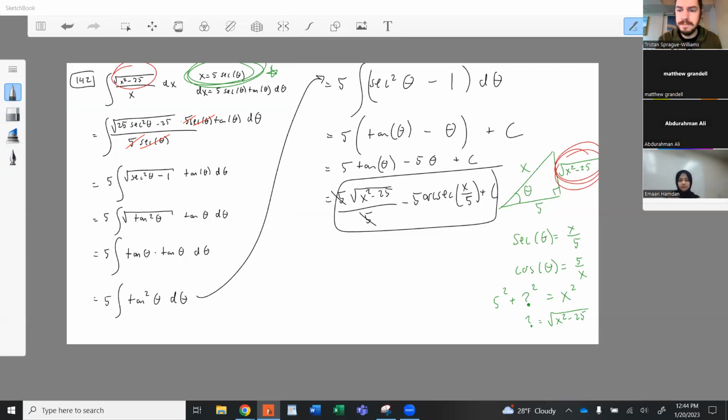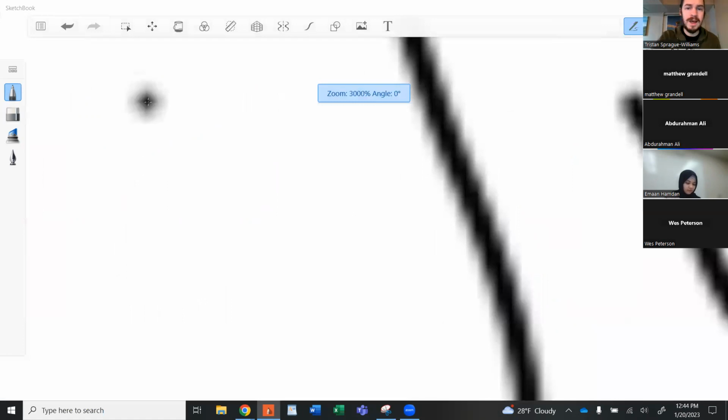What Isa is saying, I'm not sure. You have to figure out, without using a reference triangle, what your original square root ended up as. This square root ended up as a tangent. Is that what you mean? Oh yeah, I think I see.